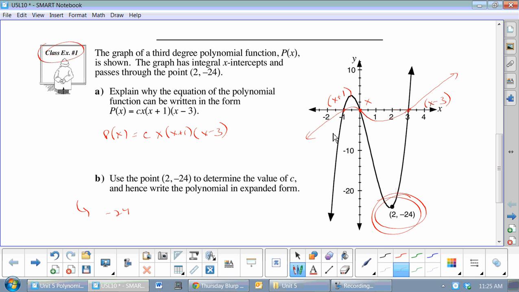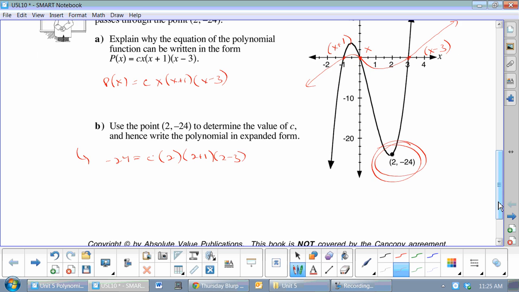Negative 24 equals C times 2 times 2 plus 1 times 2 minus 3. All I did was plug that in there, right? So that's negative 24 equals, that's 2 times 3 times negative 1, negative 6C.